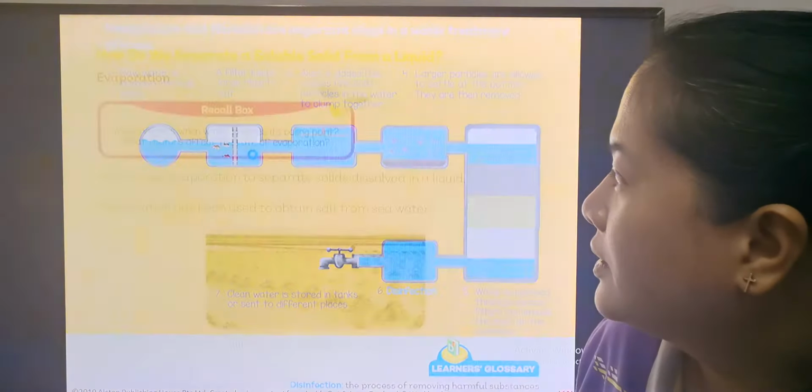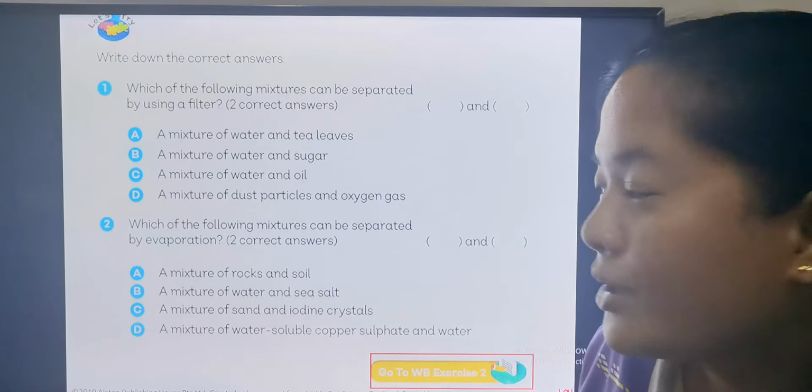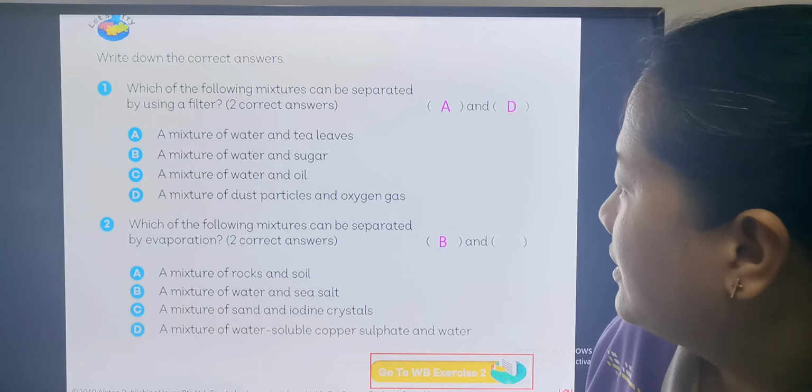We also studied evaporation. This is the process when we let the liquid evaporate, and then you will be left with the solid. Two weeks ago we already answered this part.